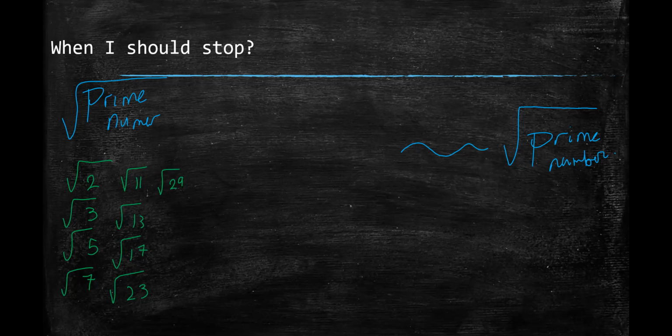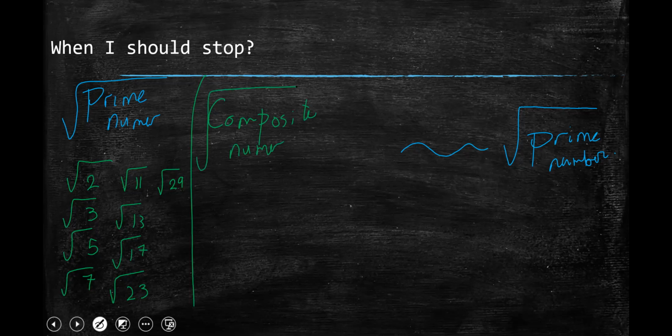So I can say I have 7 square root of 2, or 4 square root of 3. So I must finish with a square root of a prime number. And sometimes I can finish with the square root of a composite number.